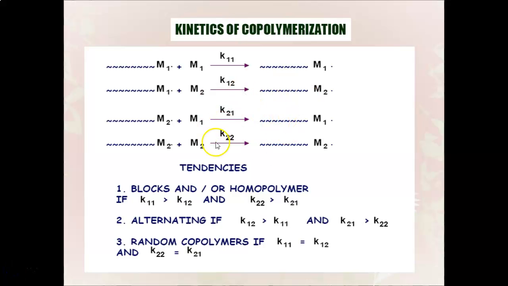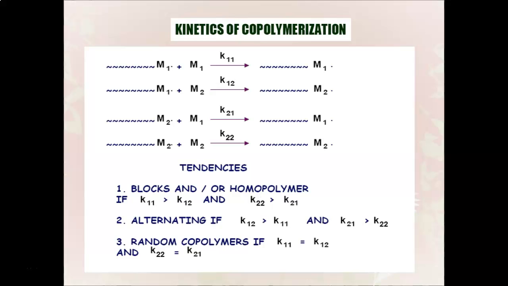All these propagation mechanisms will have a tendency to produce several types of polymer. So we assume that for blocks or homopolymer, if K11 is more than K12 and also K21 is more than K22, it will lead to producing blocks and or homopolymer.